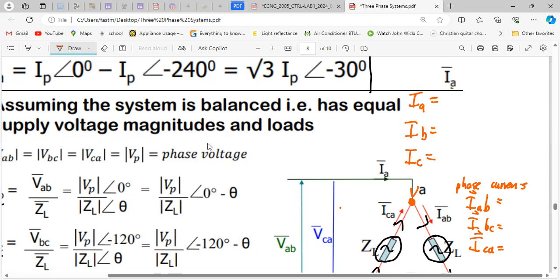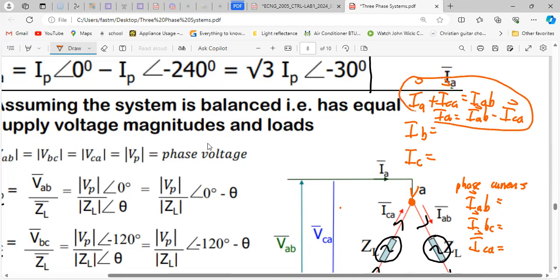So if I write the whole equation, IA plus ICA, because that's going in also, is equal to the sum of the current leaving, which is IAB. Making IA the subject of the formula, you will have IA is equal to IAB minus ICA. And that is the first equation.